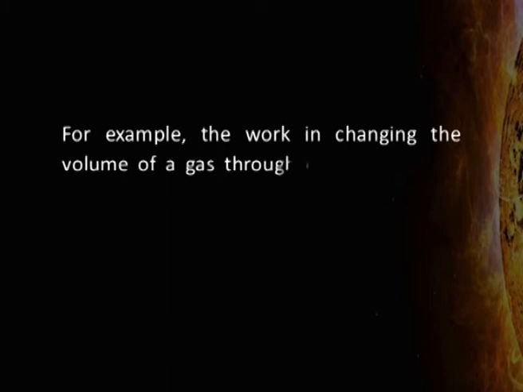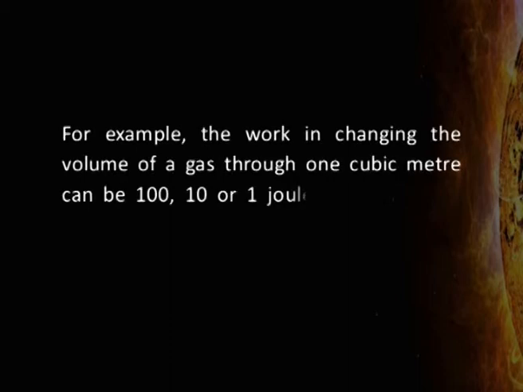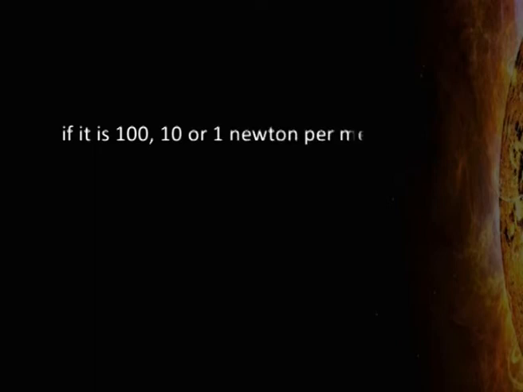It depends on the process by which the particular state has been attained. Work does not depend on the initial and final state of the system alone. For example, the work in changing the volume of the gas through 1 meter cube can be 100, 10 or 1 joules depending on the pressure if it is 100, 10 or 1 Newton per meter square respectively.